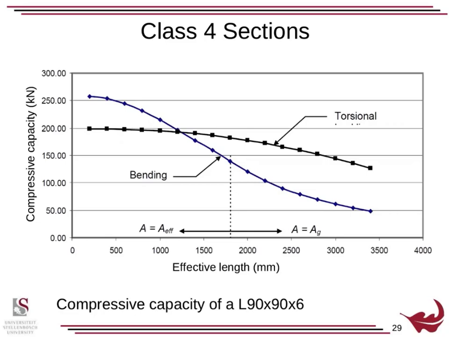So when the effective length is long, global buckling will occur and you can use the total area of your section. If the effective length is short, this is as an example a class 4 1996 angle, then you'll have local buckling occurring. So with a shorter effective length you have local buckling, with a longer length you have global, and so just be careful.